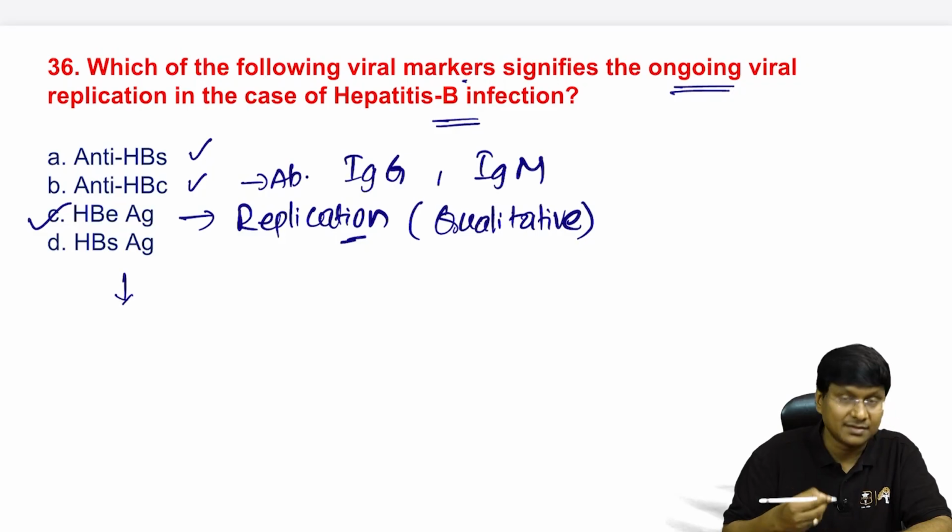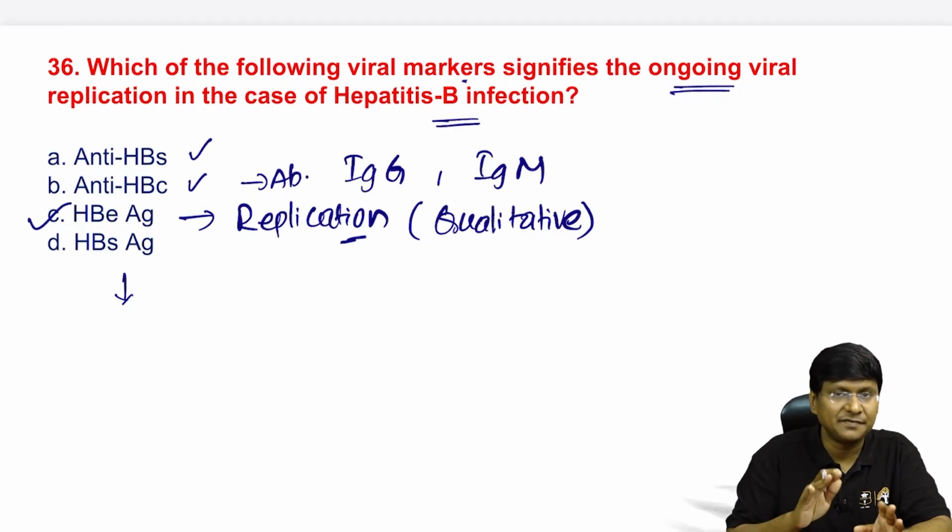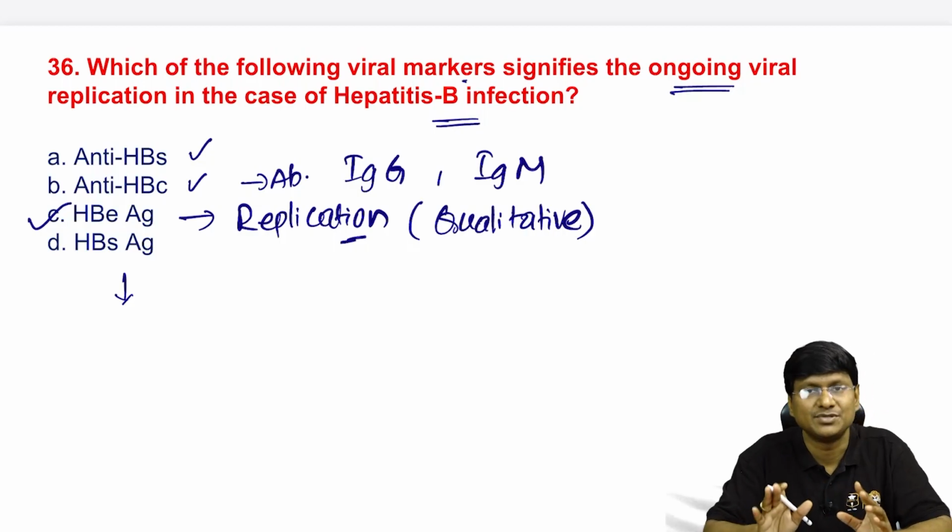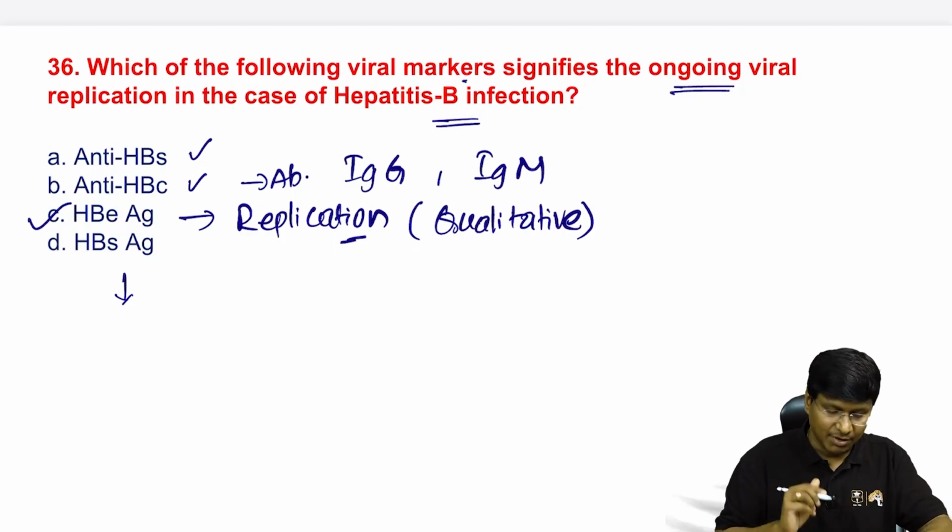Whereas if you take the surface antigen, I told you it is the first marker that will appear, and if the surface antigen is positive, it tells that the individual has either acute infection or chronic infection, or is a carrier. So that is about the envelope antigen.